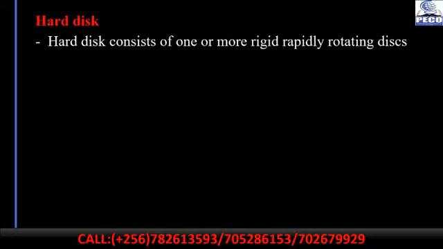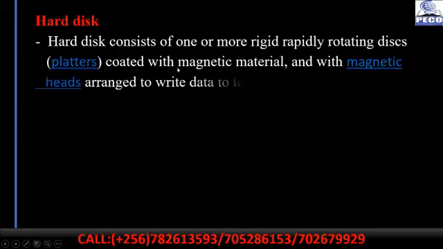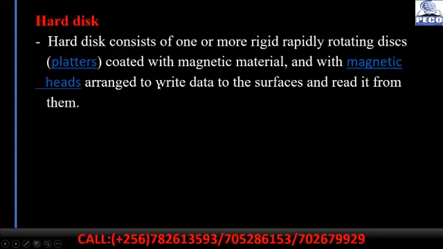Now let us look at the hard disk. A hard disk consists of one or more rigid, rapidly rotating disks, platters, coated with magnetic material and with magnetic heads arranged to write data to the surface and read from them.